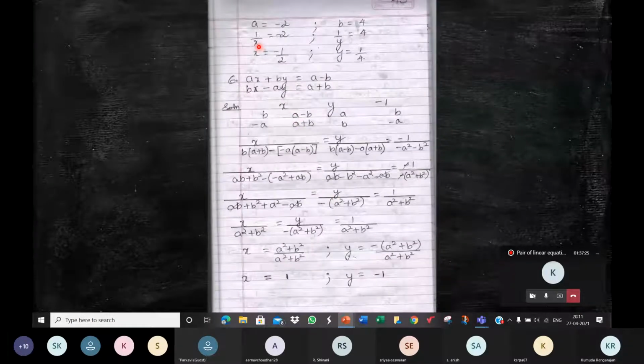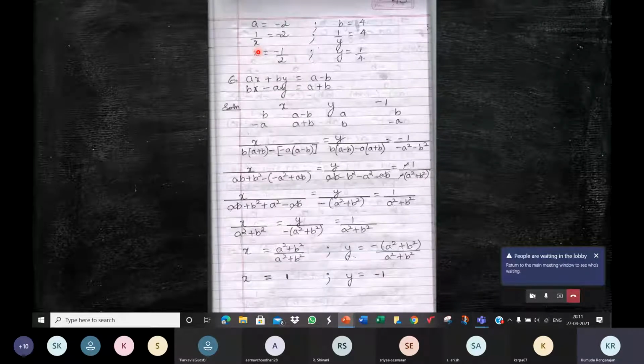But a is 1 by x. We have to find the values of x and y. A is 1 by x and b is 1 by y. So 1 by x is minus 2. Here 1 by y is 4. So which means taking reciprocals on both the sides, we have x is equal to minus 1 by 2 and y is equal to, the reciprocal of 1 by y is y, the reciprocal of 4 by 1 is 1 by 4.